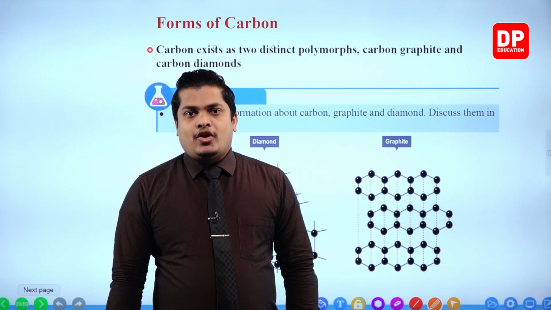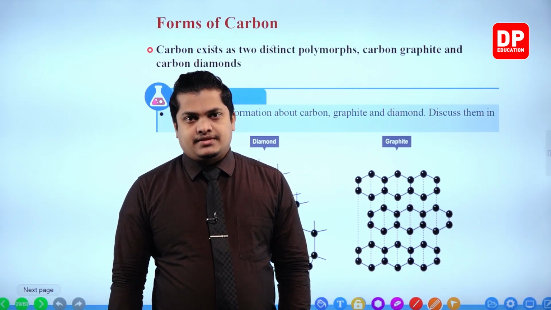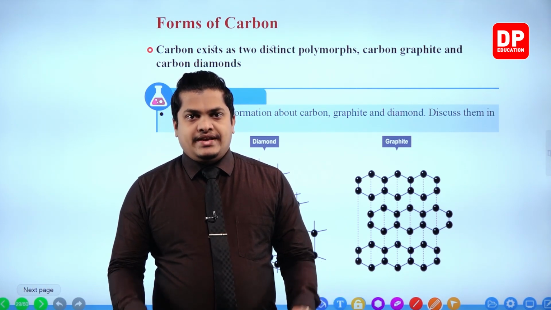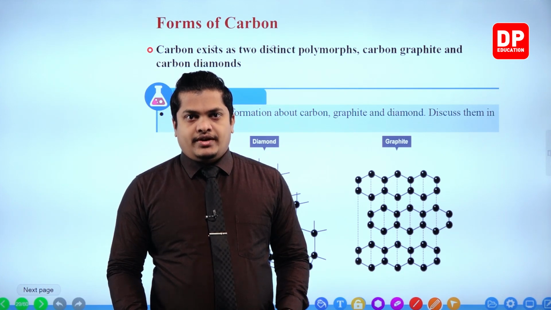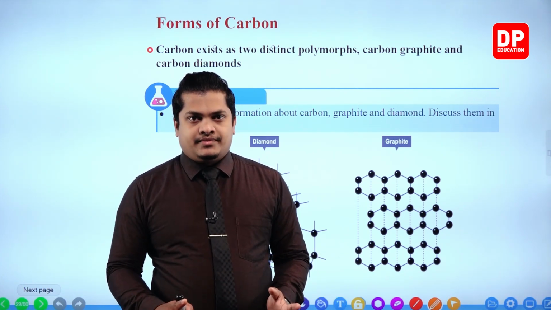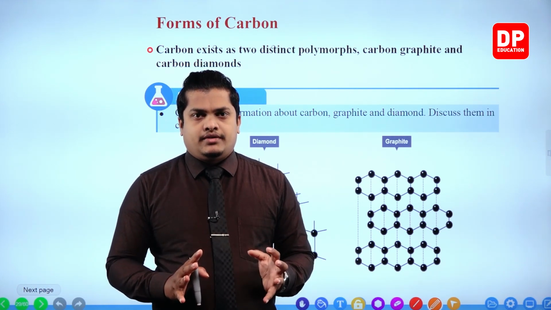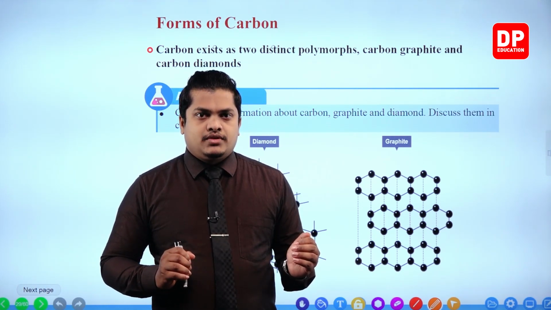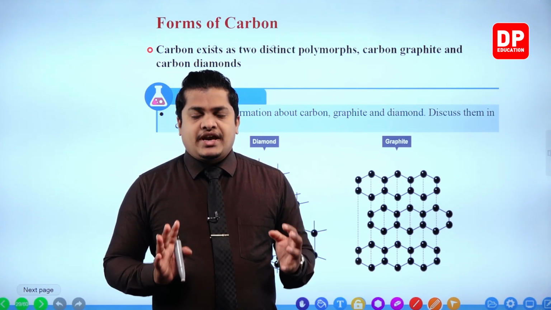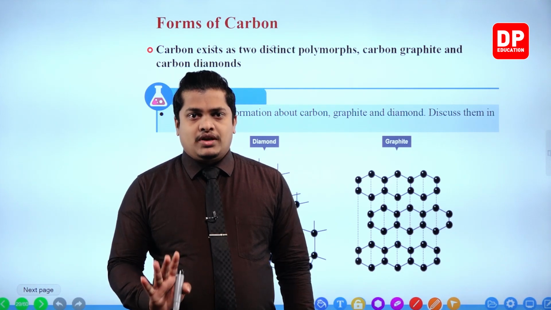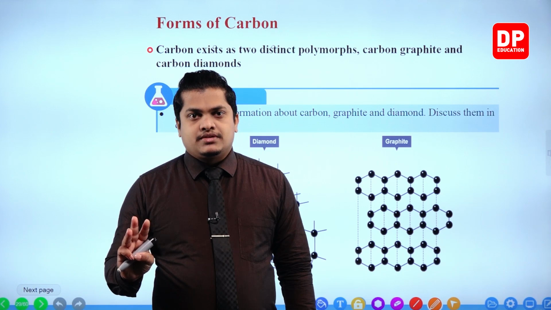However, these things can only be observed for certain substances. If you take the first 20 elements in our periodic table, from hydrogen to calcium, those are the ones which you are going to learn. Within these first 20 elements, my dear children, we can only observe these kinds of polymorphic substances in 3 examples.